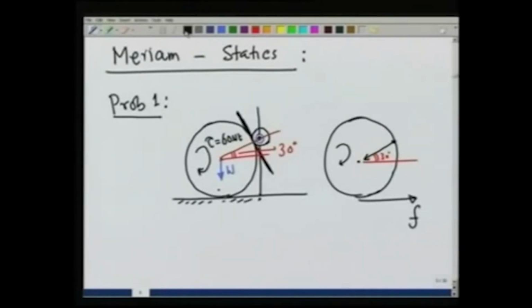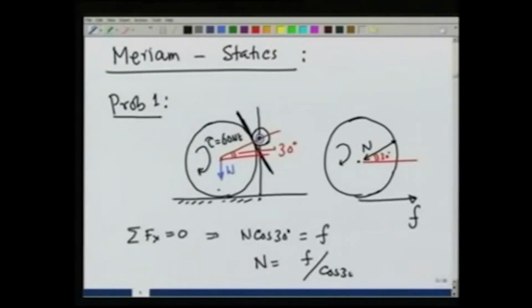If we now apply the equilibrium conditions, summation F x is equal to 0 gives us, let this force be N, N cosine of 30 degrees is equal to F, and therefore, the normal reaction N is going to be F divided by cosine of 30 degrees.